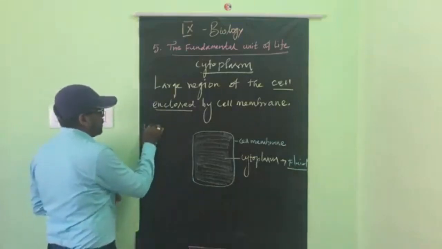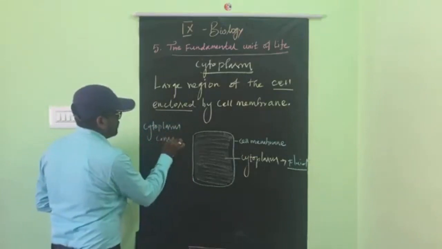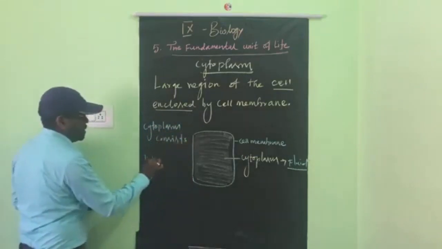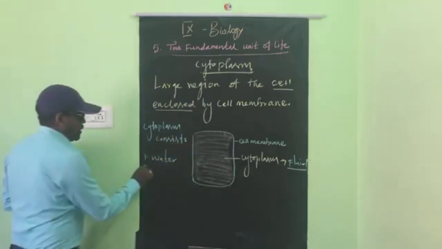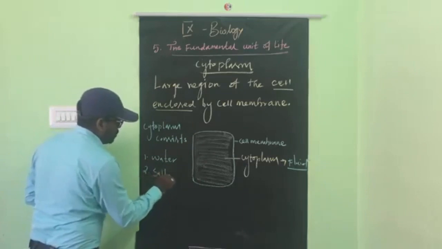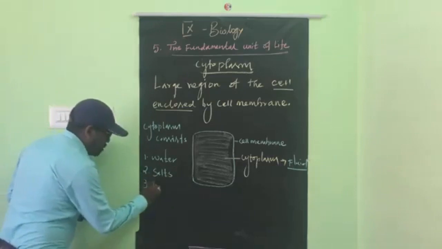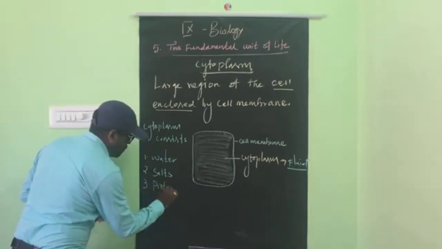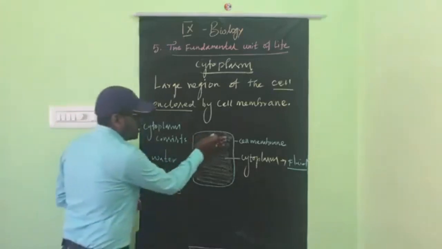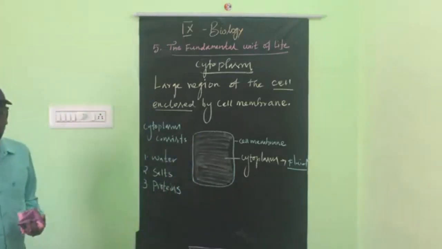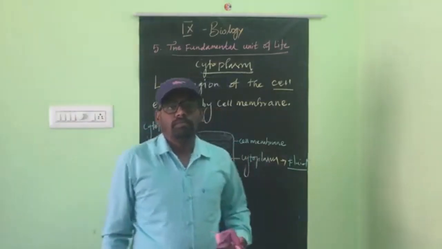The cytoplasm consists, first, of a large amount of water, some essential salts, and a large amount of proteins. These are present in the cytoplasm of both the plant cell and the animal cell.